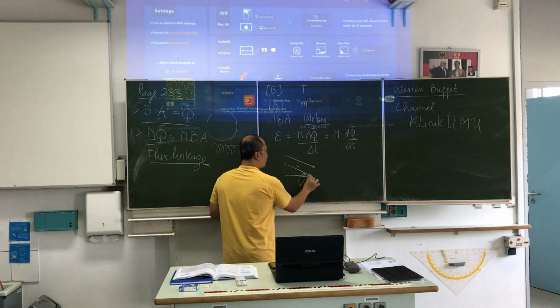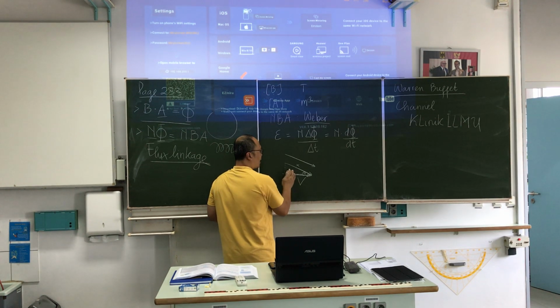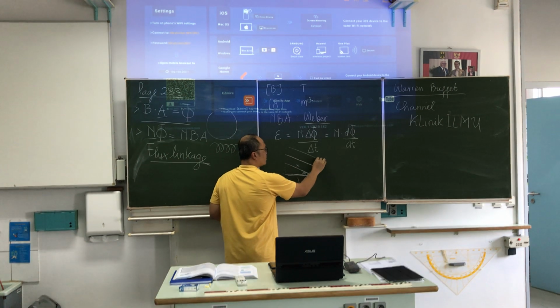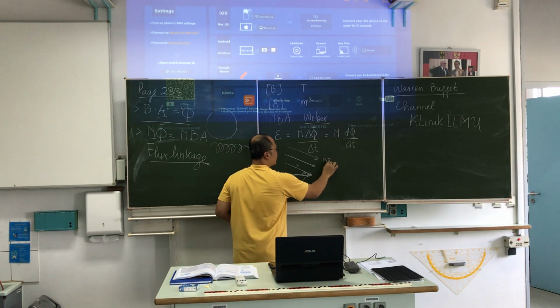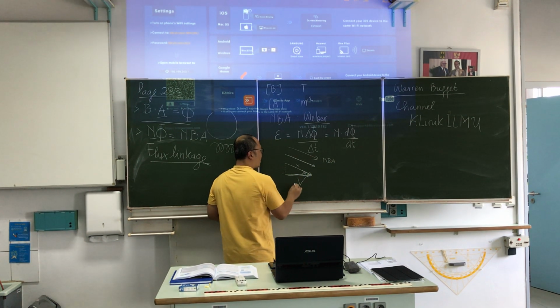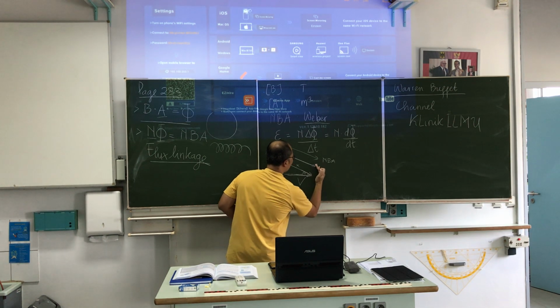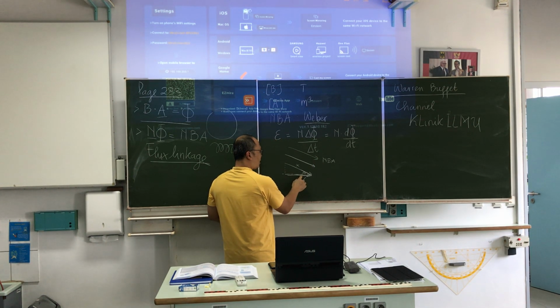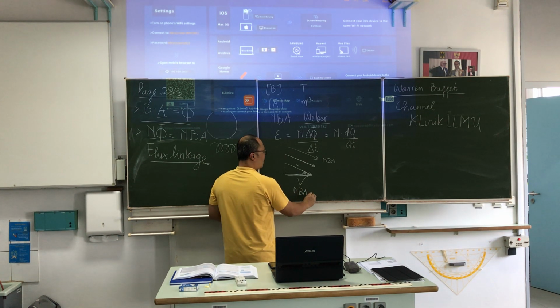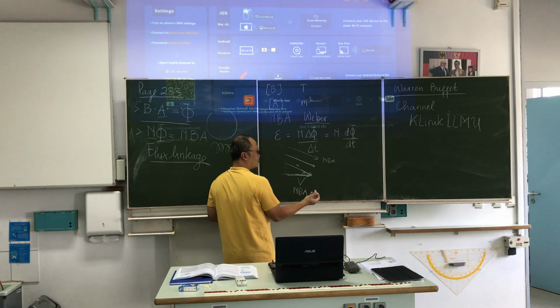Mathematically, all the lines you have is N times B times A. But you take the x-axis component, which is really perpendicular to the coil, and this part is NBA times sine or cosine.